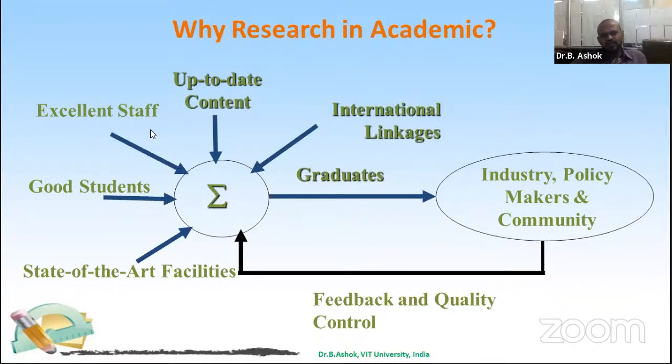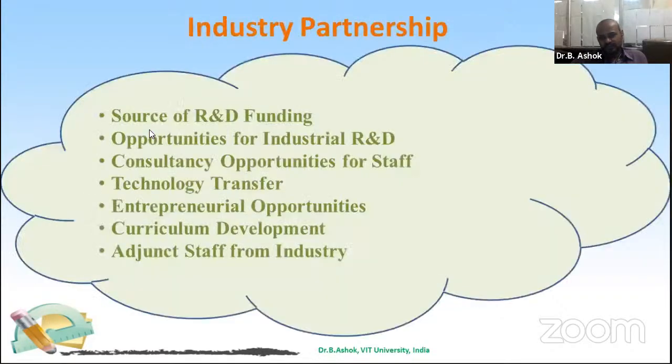So ultimately, if you see why research in academics matters, it is mainly to address these requirements, to upskill the manpower, not only engineering, but any students studying in undergraduate, postgraduate or research programs.